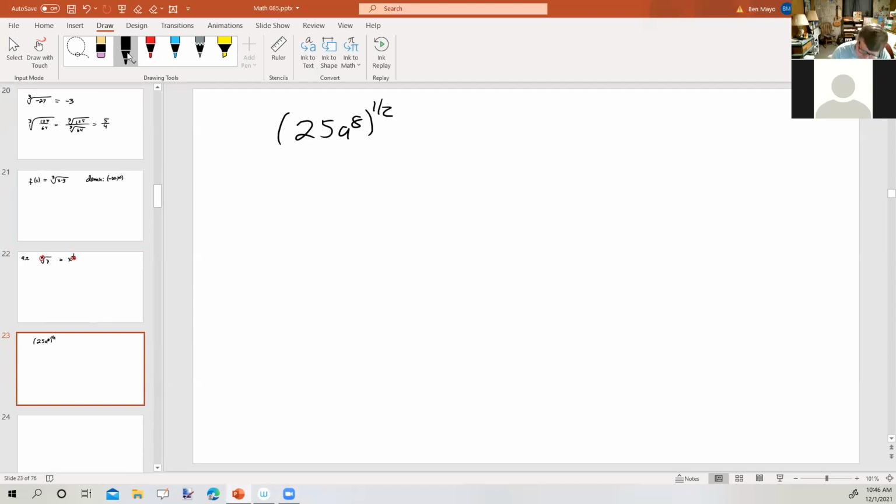So a product raised to a power, we attach the outside power to each factor inside. So we get 25 to the 1/2 power, a to the 8th to the 1/2 power. 25 to the 1/2 power is 5. A to the 8th to the 1/2 power is a to the 8 times a half, which is a to the 4th.